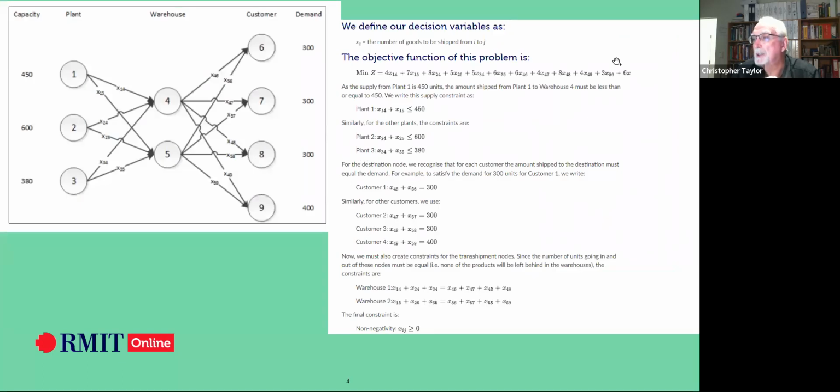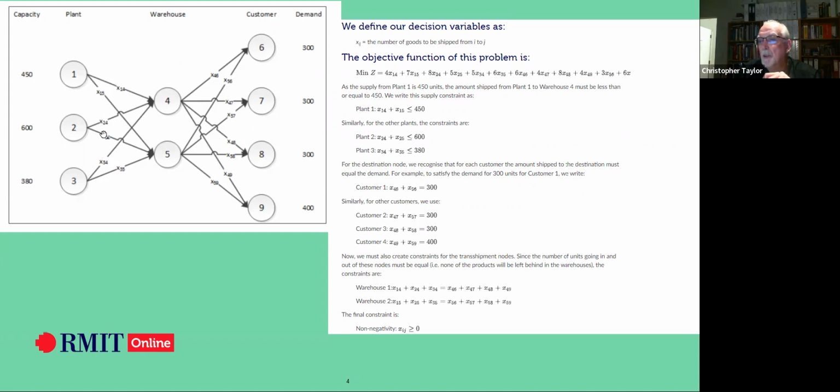So this is just expressing the whole problem. What we want to do is find the minimum value along the movement of these goods, and this is basically the movement. We've got node 1 to node 4, which is that first one. Then node 1 to node 5, which is the next one.